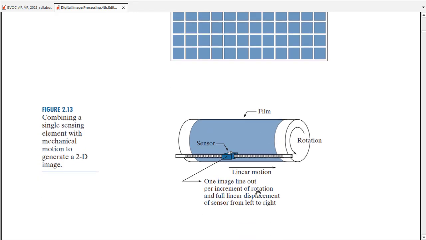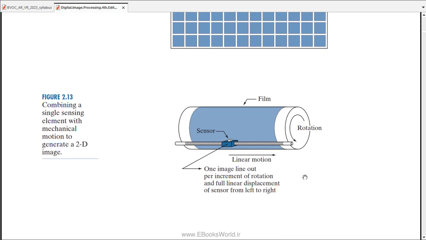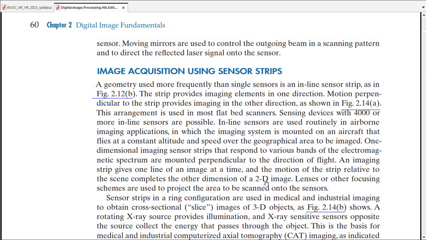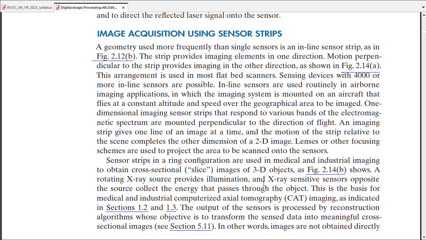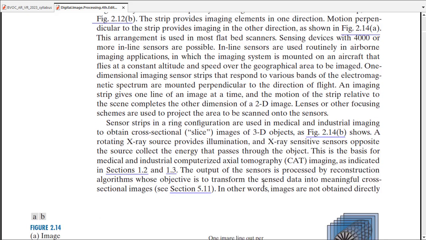Based on the sensor rotation and linear motion, one image line is produced per increment of rotation. Image acquisition using sensor strips: a geometry used more frequently than a single sensor is an inline sensor strip. As in this figure, this is the image sensor node.